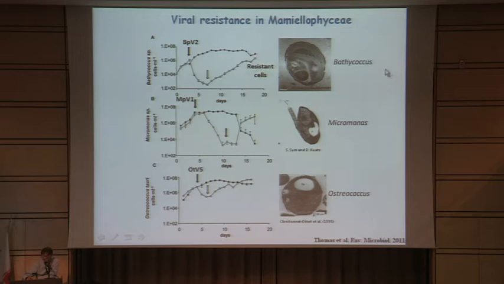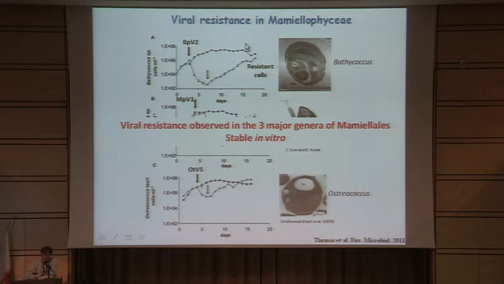All these strains of Bathycoccus, Micromonas, and Ostreococcus are clonal. When the strain is growing and you add the virus, you have a crash of the population, but you never kill 100% of the population, even in a clonal population. You still have resistant cells which grow afterwards, and even if you add viruses, they are resistant.